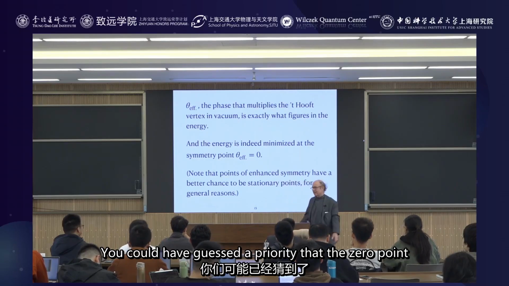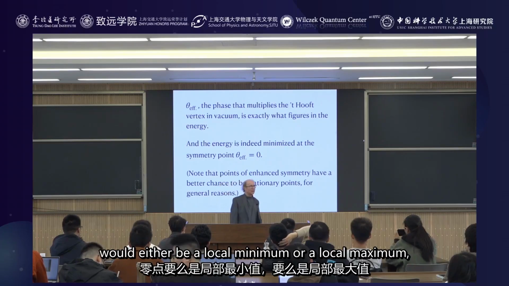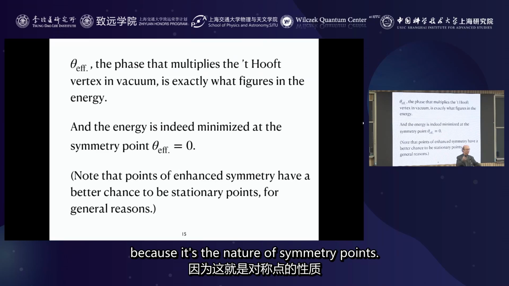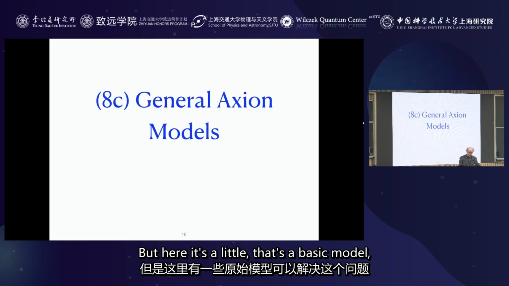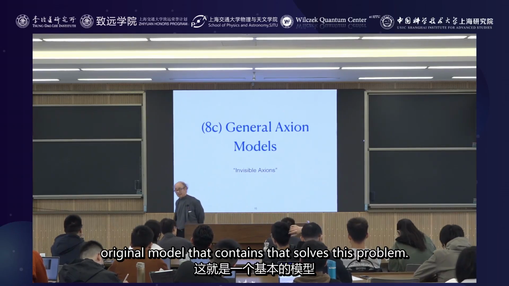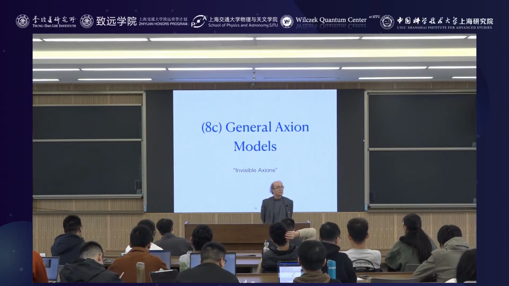Okay, you could have guessed a priori that the zero point would either be a local minimum or a local maximum, because that's the nature of symmetry points. But here it's a local maximum. So that's a basic model, the original model that solves this problem formally.